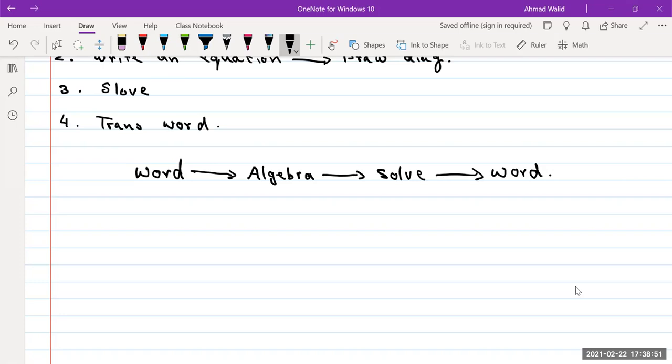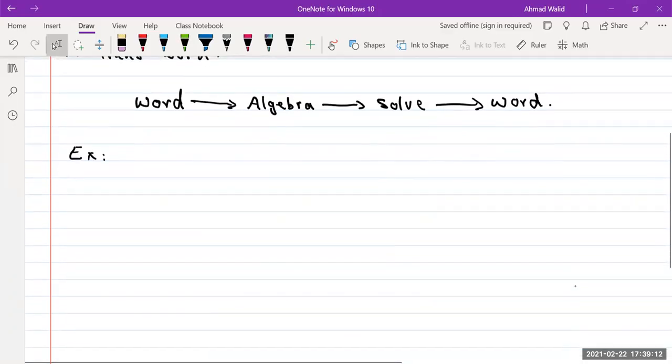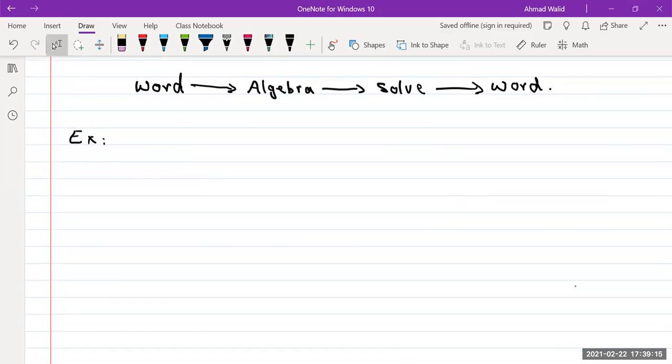Let's just start with the example. I will show you how you can create an equation and how you solve, correct? I'm reading the example from the book. There is not that much time to write, and it's not necessary to rewrite the problem on the screen for you.